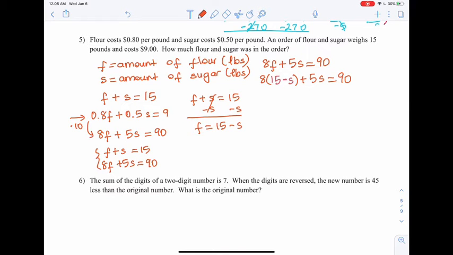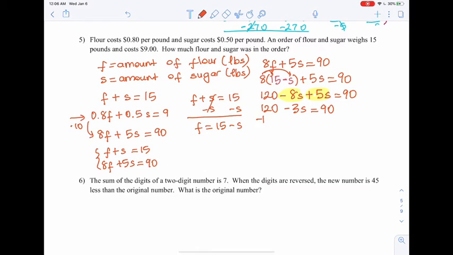Okay, let's distribute 8 over 15 and 8 over negative S. 8 times 15 will give us 120 minus 8S plus 5S is equal to 90. I'm going to combine like terms here. I have negative 8S and positive 5S. So 120 minus 3S is equal to 90.